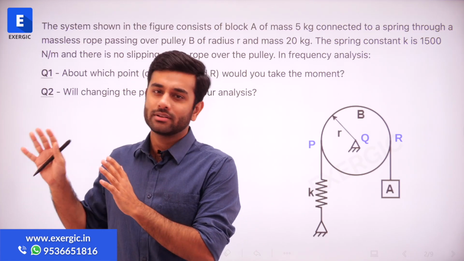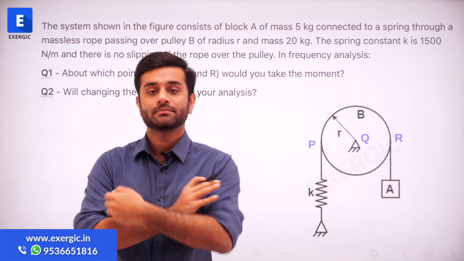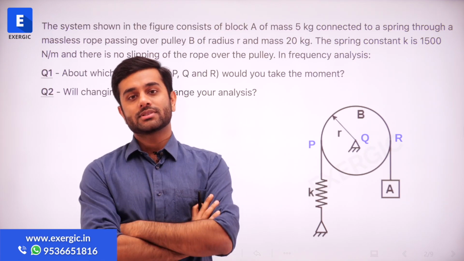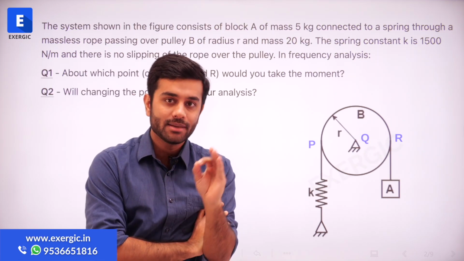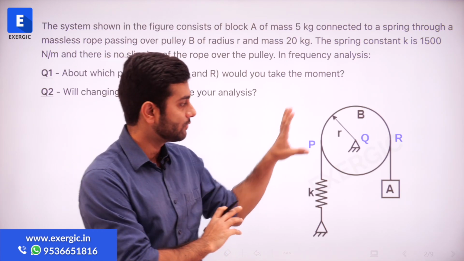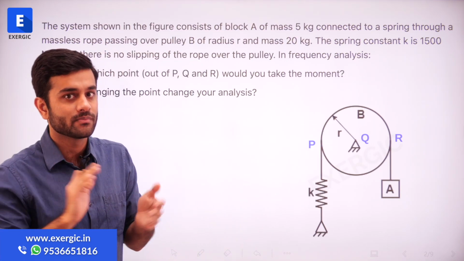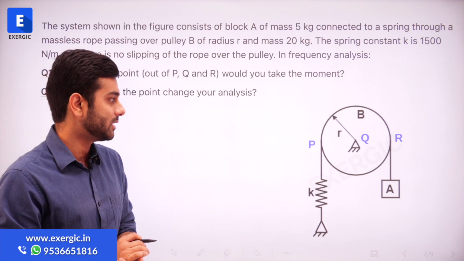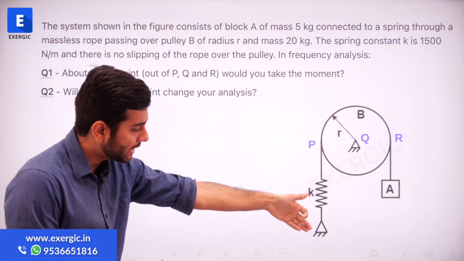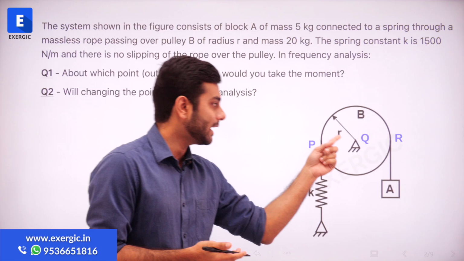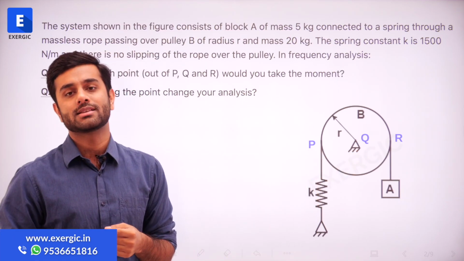Look, whenever we get a question, we get a system which is a static system, right? I'm talking about any of the problems of mechanics. In those systems, whenever we wanted to take the moment, we could choose any point to take the moment. Suppose I was asking how much will be the force in the spring, or how much will be the reaction at this support, or at this hinge.